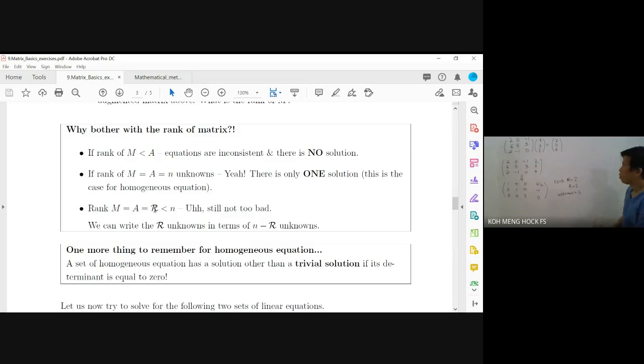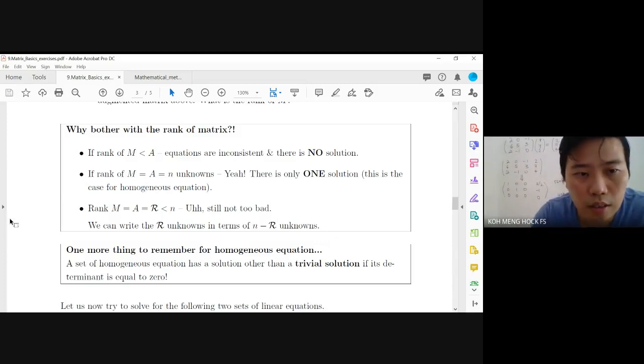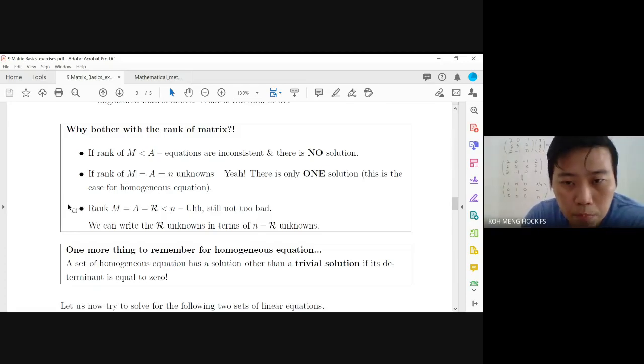So in this case, I can have a solution, but my solution will be based on the remaining unknown that I don't have an answer for. So that's the meaning of these 3 selection rules here. Okay, everyone.